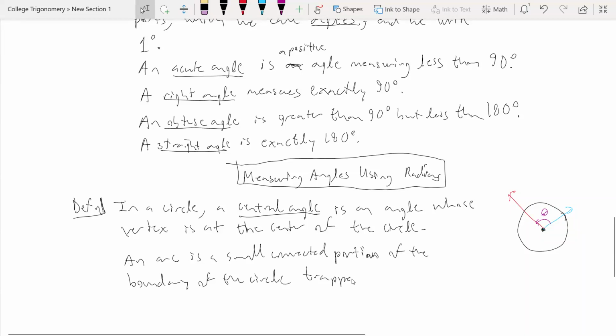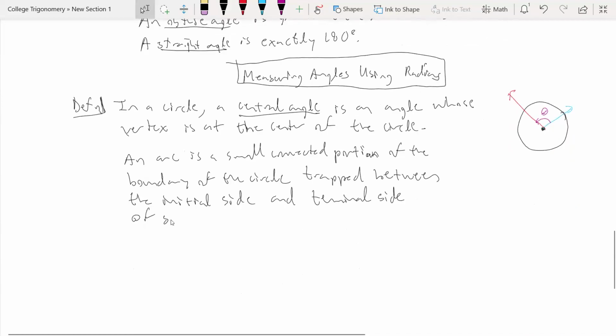Trapped between the initial side and terminal side of some central angle. Oh, let me scroll up a little bit. Sorry. Of some central angle. Okay. So then right over here, that's an arc. Right there, kind of bolded in there. This is an arc because it's what's trapped between that central angle. Okay. Any questions on that?